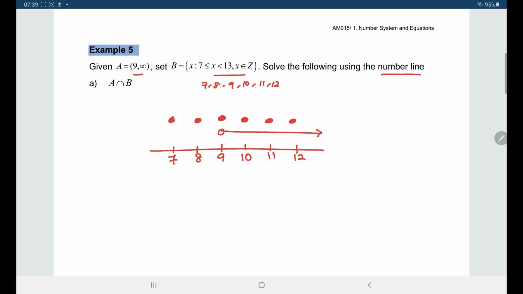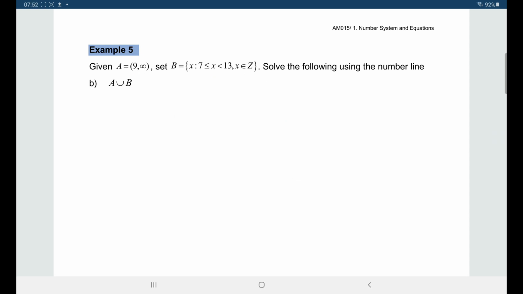Okay, yes. Okay, so the solution set is the set of numbers 10, 11 and 12.